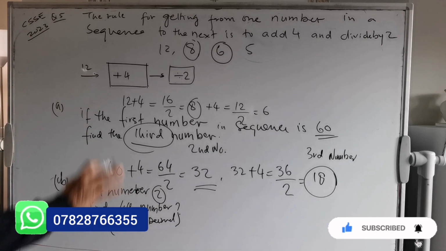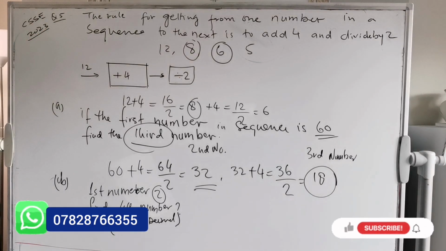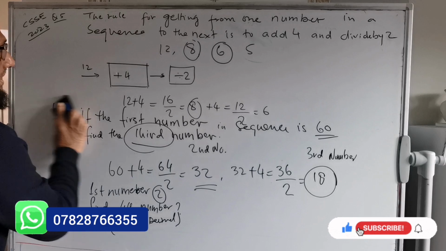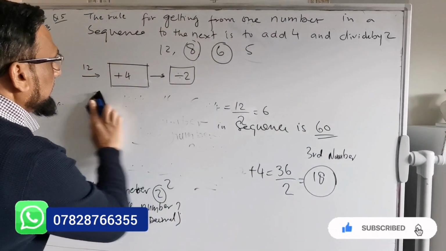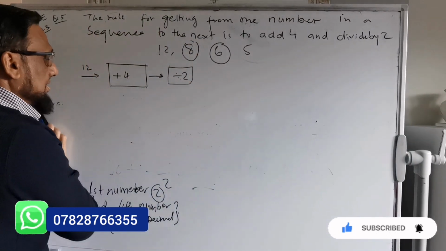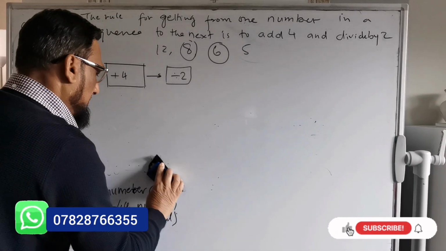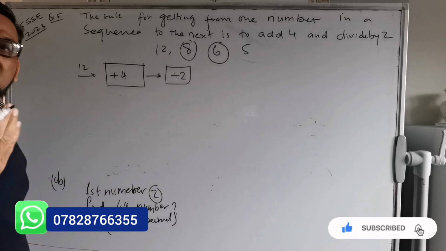The same rule we need to apply. I'm going to need some space, so I'm going to erase part A. The second part says the first number is 2, so find the fourth number.